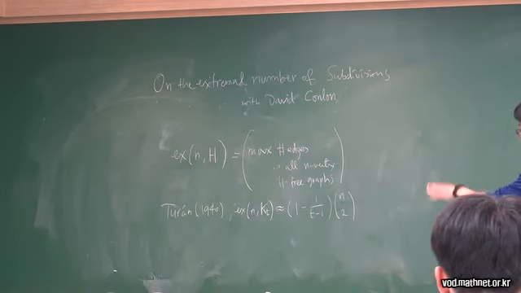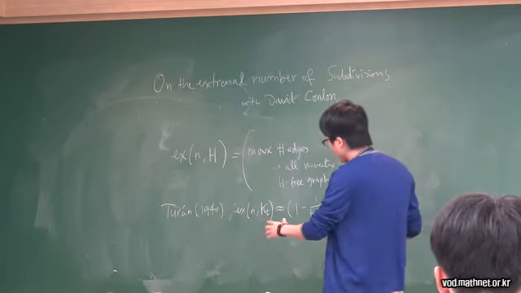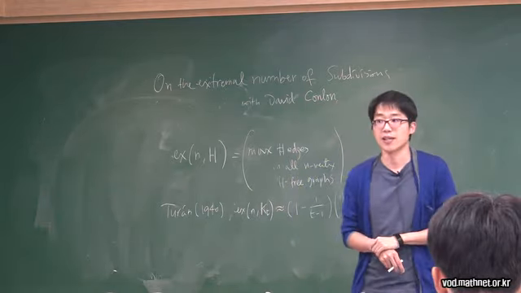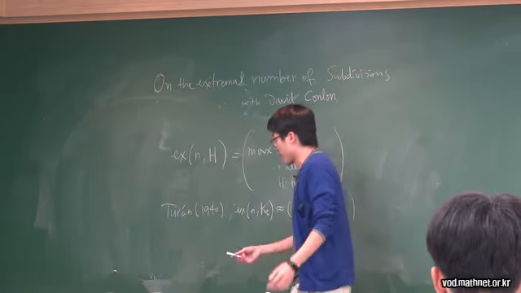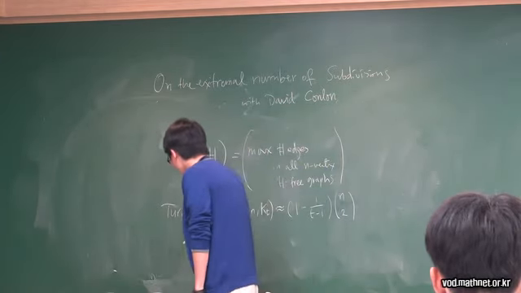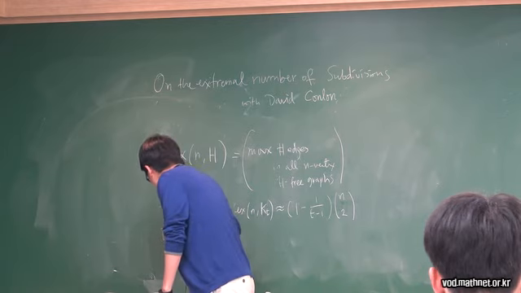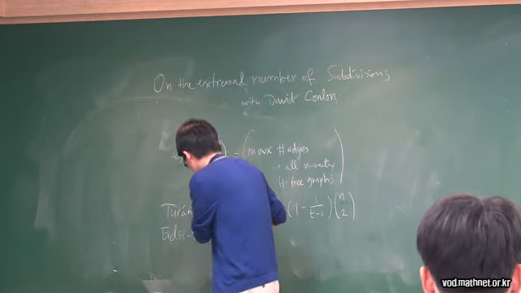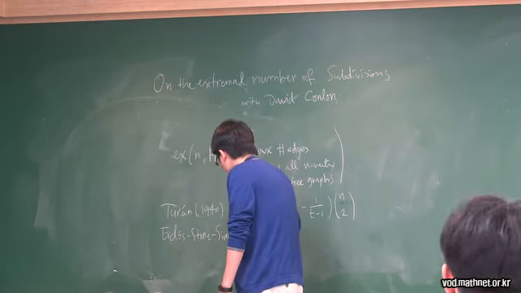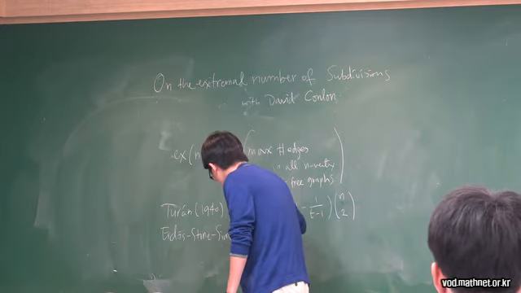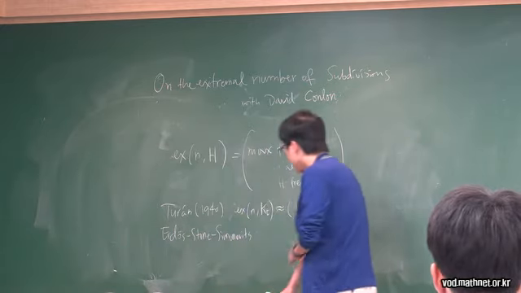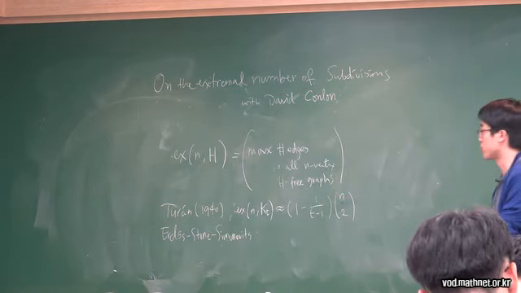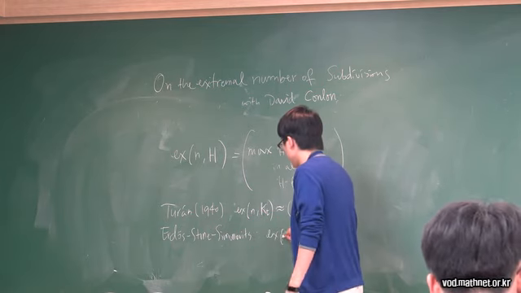Extending this result, some people say that Turán's theorem is a fundamental theorem of extremal graph theory, like the fundamental theorem of algebra or the fundamental theorem of calculus. Extending these results, Erdős and Stone, later slightly improved by Simonovits, determined the asymptotic behavior of the extremal number of any H, which is as follows.